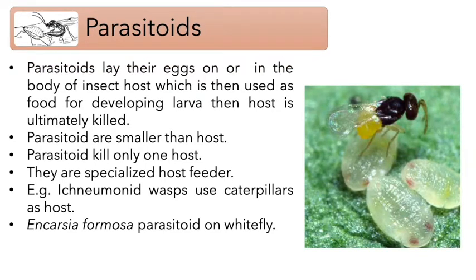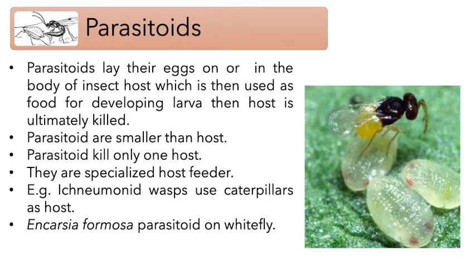Parasites usually lay their eggs on or in the body of an insect host, which is then used as food for developing larvae. The host is ultimately killed. Some characters of parasites include that parasites are smaller than their host and they kill only one host in their entire life.